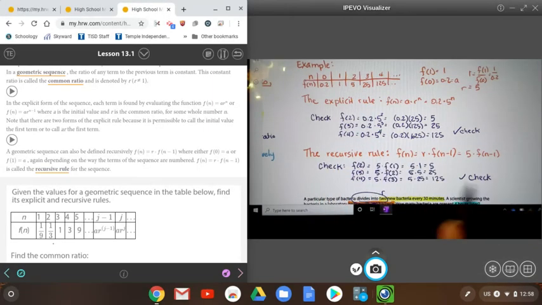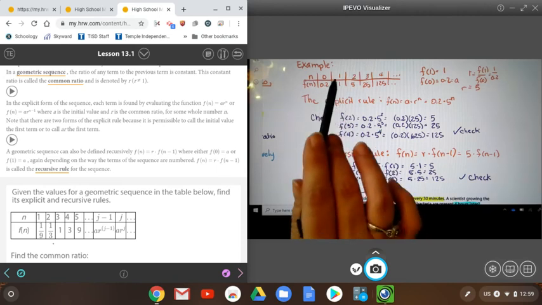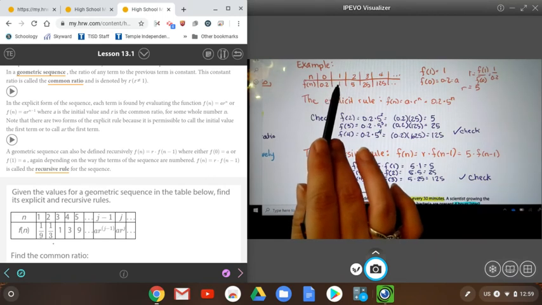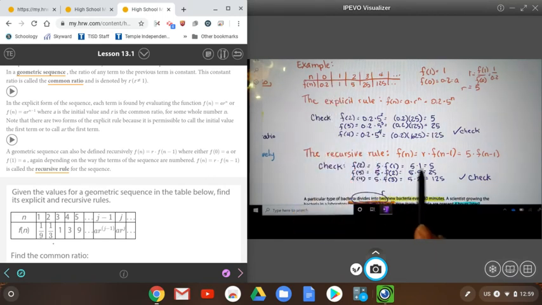The recursive rule then is taking our r, 5, times the previous y value. So f of n is 5 times f of n minus 1. If n is 2, n minus 1 would be 1. So f of 1, we look back at our table, and when n is 1, f of n is 1. So 1 times 5 gives us 5.